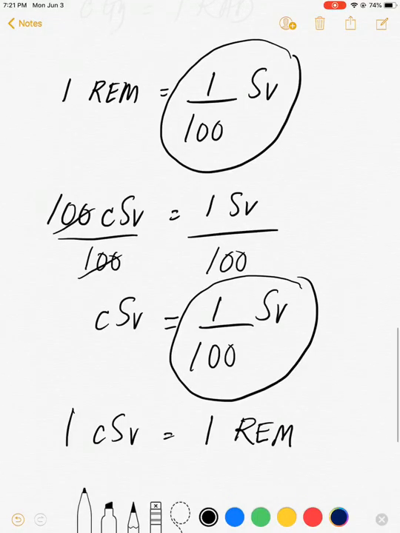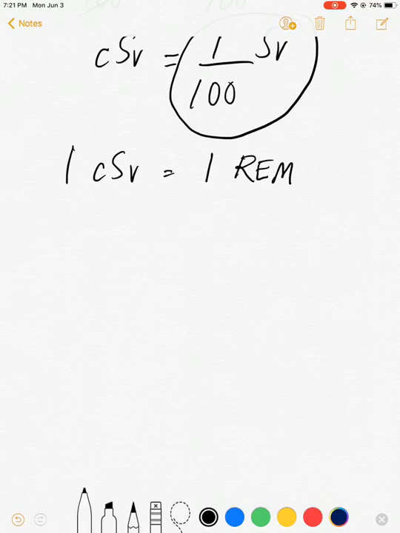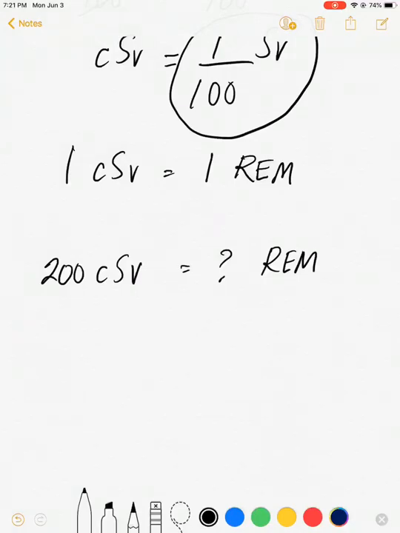So if the question is ever asked, what does 200 centisievert equal in rem? Well, that one's easy. That would be 200 rem.